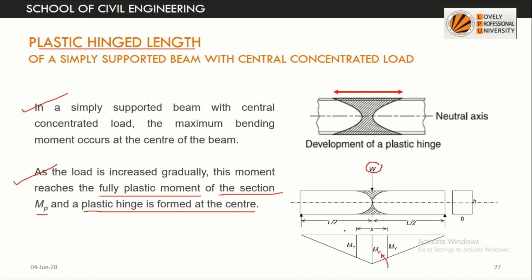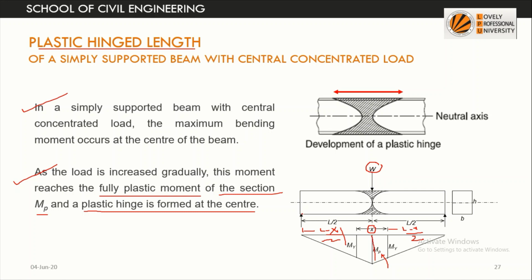So the total length is L and the length of plastic hinge is X. So this length will be (L minus X) by 2, and on this side also (L minus X) by 2. So what is the height? This is height MP.